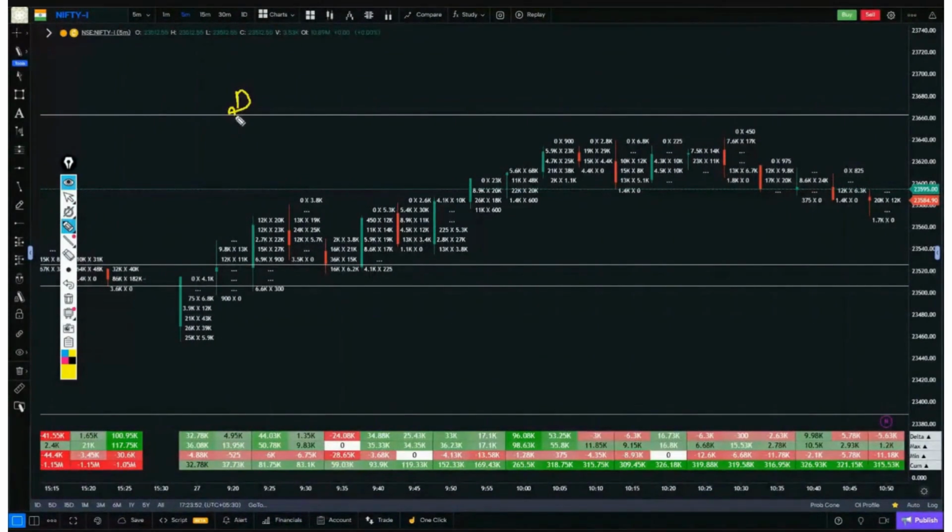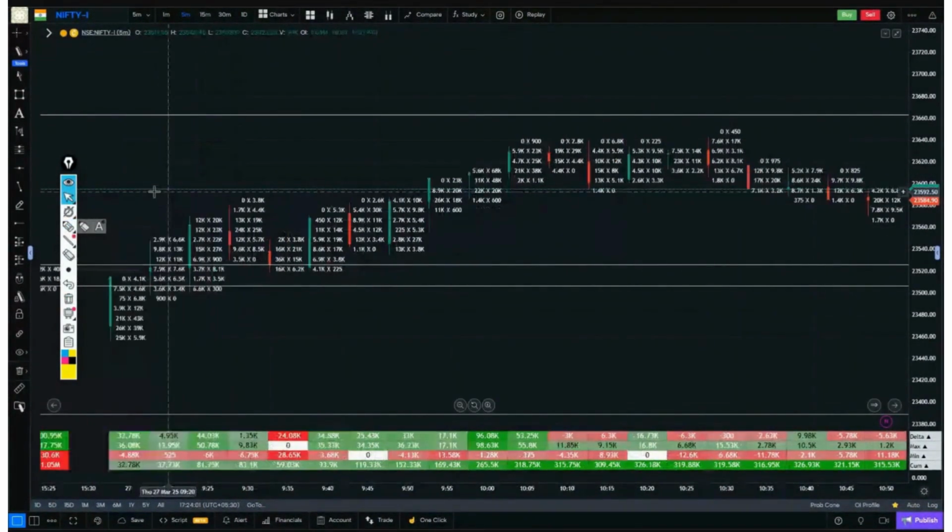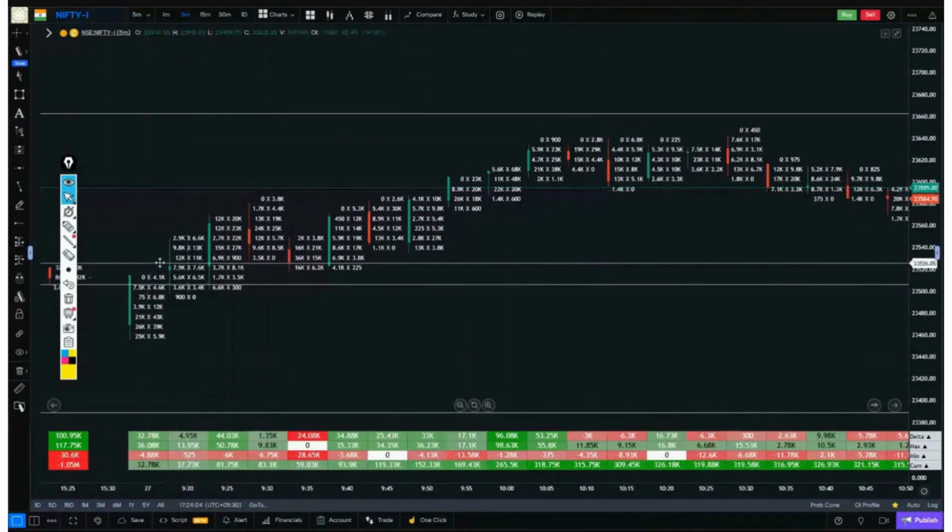Now, what is delta? Delta is a simple thing. It tells us the difference between buyers and sellers. For example, when we look at the first candle, today's first candle of Nifty, the delta value is at the top. So what is the delta value of this?